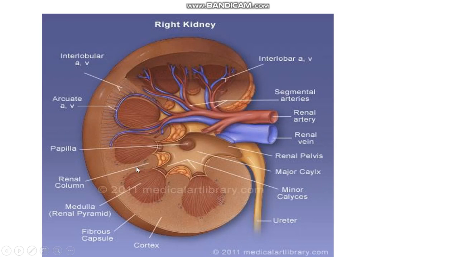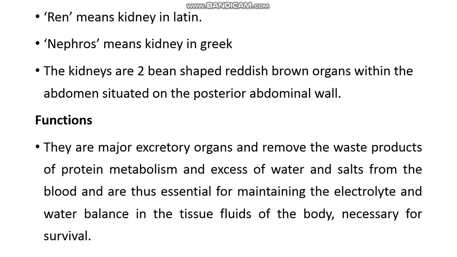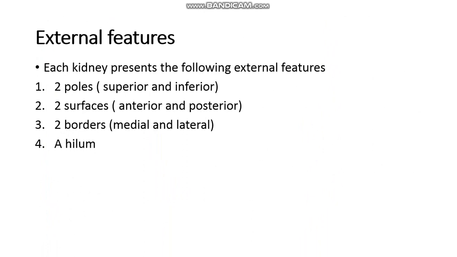So this is one renal pyramid, this is another renal pyramid, and the part of the renal cortex projecting in between these two pyramids is known as the renal columns. So that's all regarding the structure.